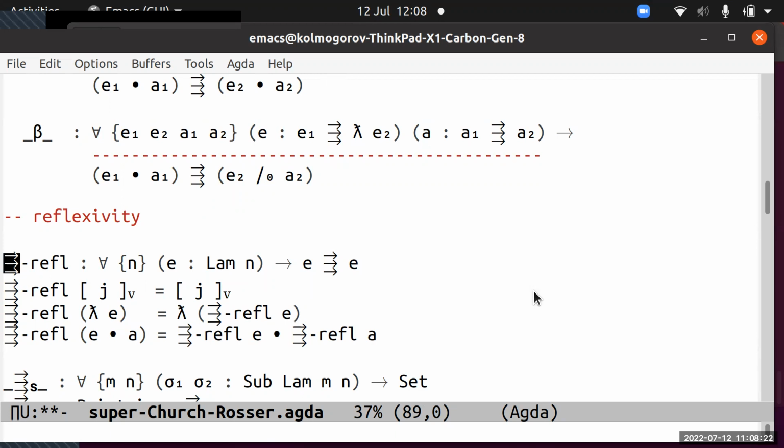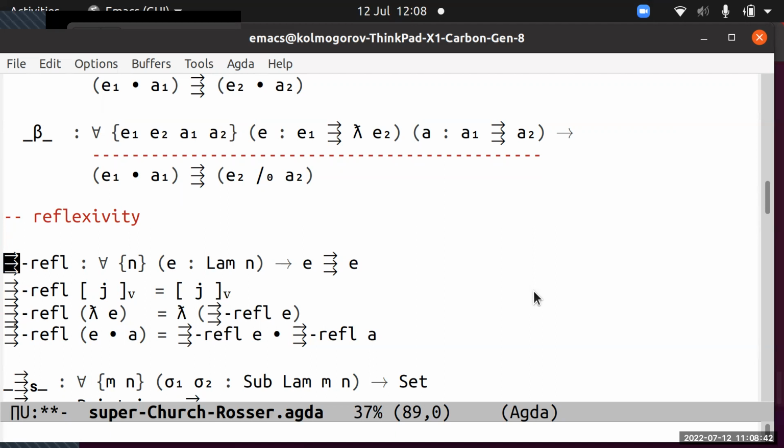So suggestive, confusing, you decide. For lambda, it's lambda, but now it's lambda applied to the proof that the body reduces to itself. And for application, it's the application of the proofs that the two parts reduce to themselves.